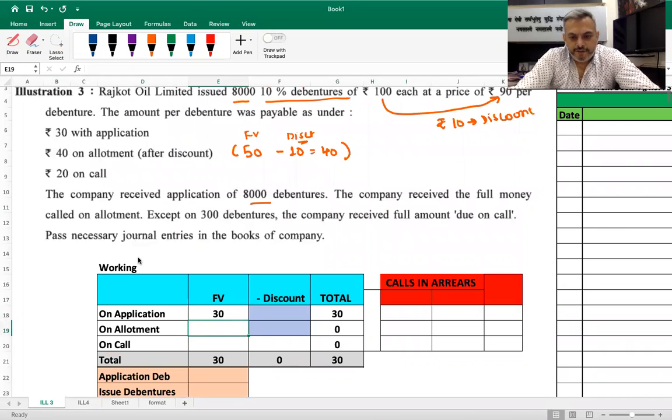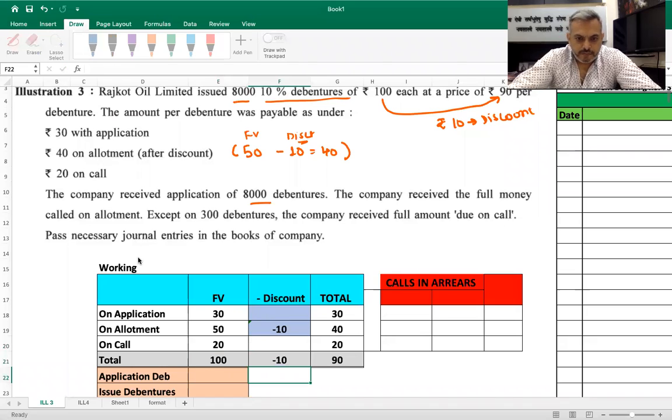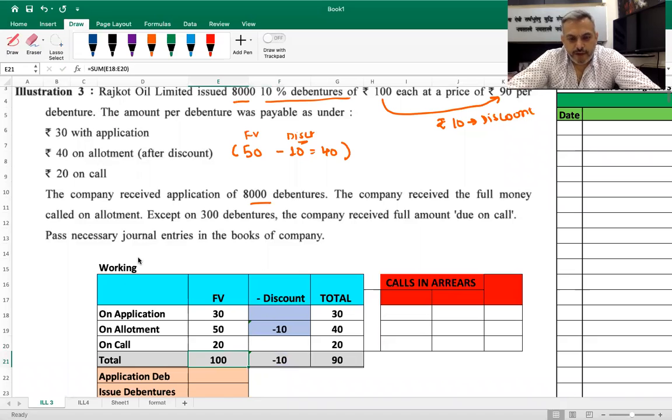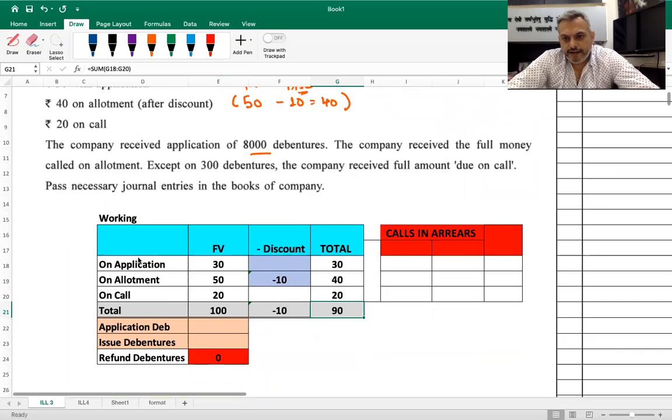On allotment, 50 is the face value component and you have a discount of rupees 10. And then on call is 20 rupees. So 100 is the face value, the discount is rupees 10 and the net is 90.